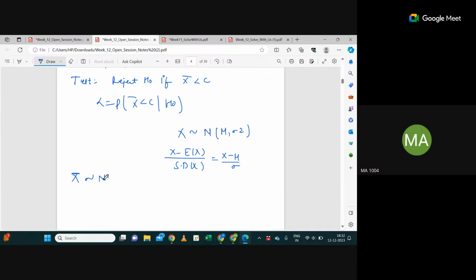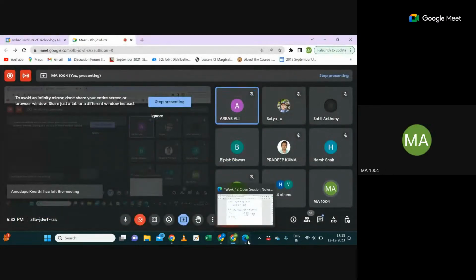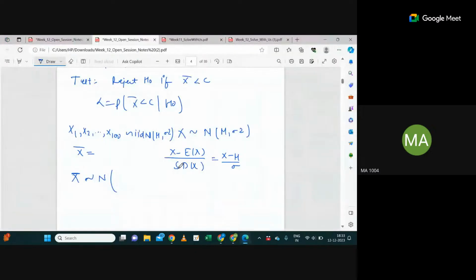What is the distribution of x bar? If I have x1, x2 up to x100 or whatever, IID normal mu comma sigma square, what will be the distribution of x bar?